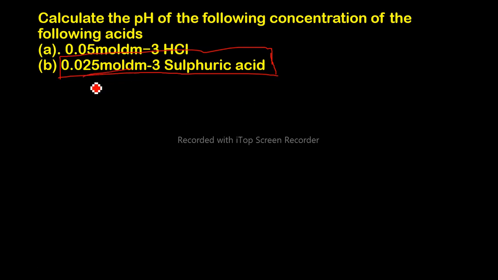So for sulfuric acid, like we said, being a strong acid, it will fully ionize to produce 2 moles of hydrogen ions aqueous plus sulfate ions 2 minus aqueous.